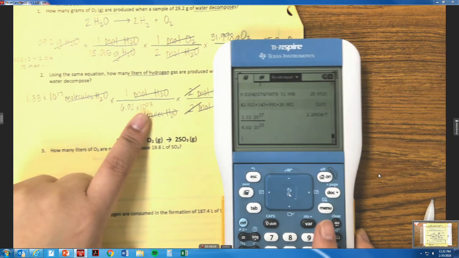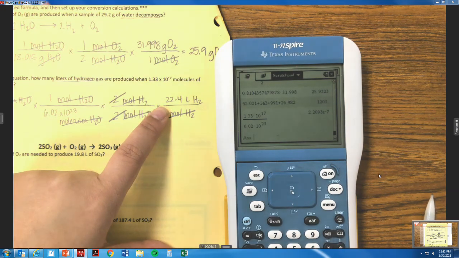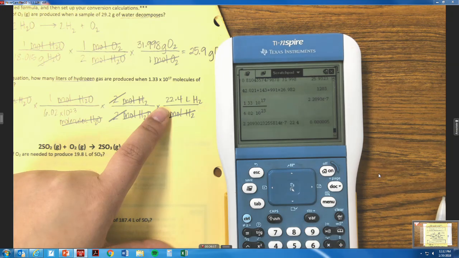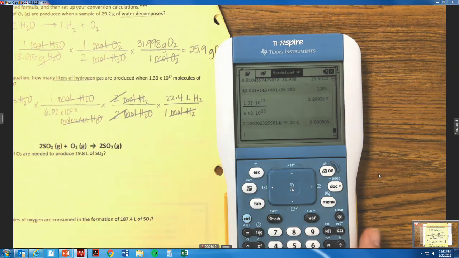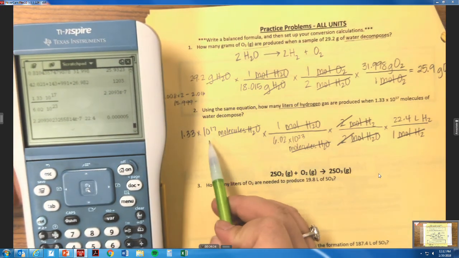Then we multiply that by 22.4, and we get 0.00005. Now, our given is just 3 significant figures.